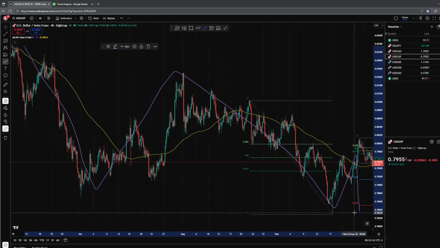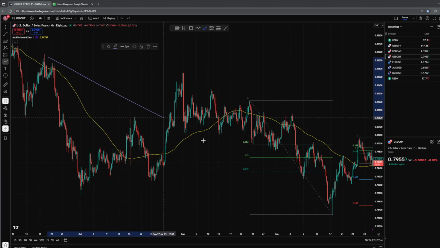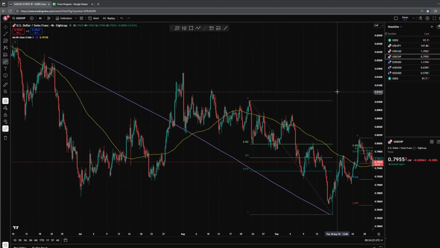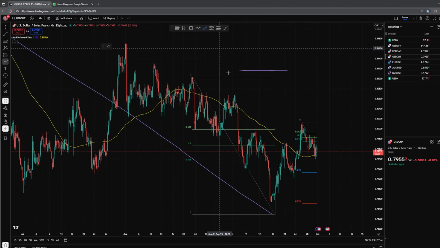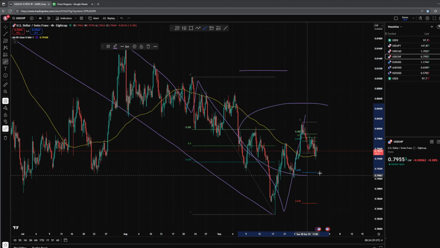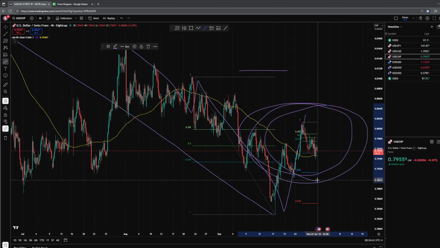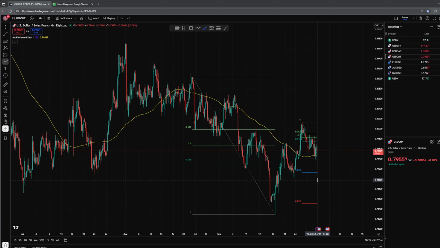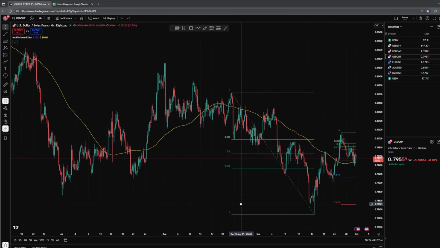So I would be highly confident selling USD Schweizer franc right now because the overall bigger trend is still down, and when we consider the short-term trend defined by the yellow moving average line, it is still considered down, and currently the market has retraced into a really good zone, and it's just a perfect time to sell USD Schweizer franc right now. Okay, let's write it down.